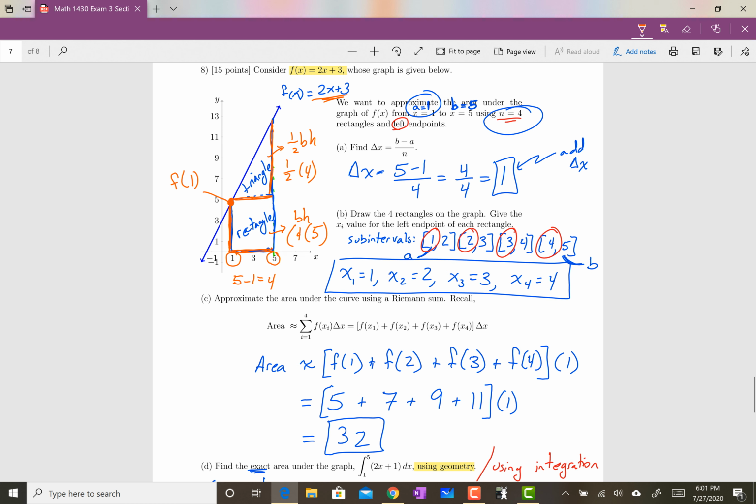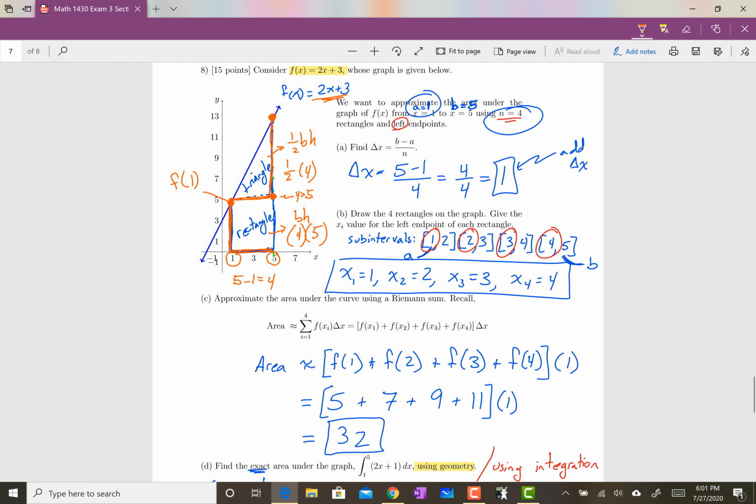And of course my base was 4. Sorry, my pen's acting up. That's a 4. Okay, so how does that help me with the height of my triangle? Well, now I know that starting here, this is at y equals 5. So if I start at 5, how far do I have to go up?